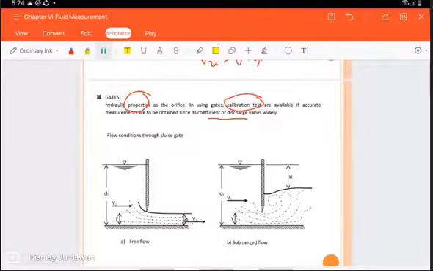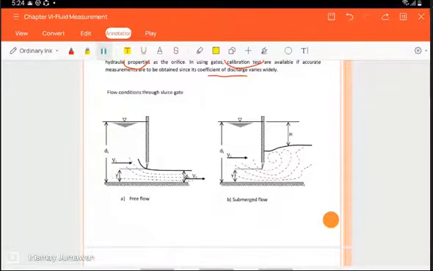So that is the depth. You have a free flow if your gate is raised above the water, but if your gate is submerged, the flow is also a submerged flow.